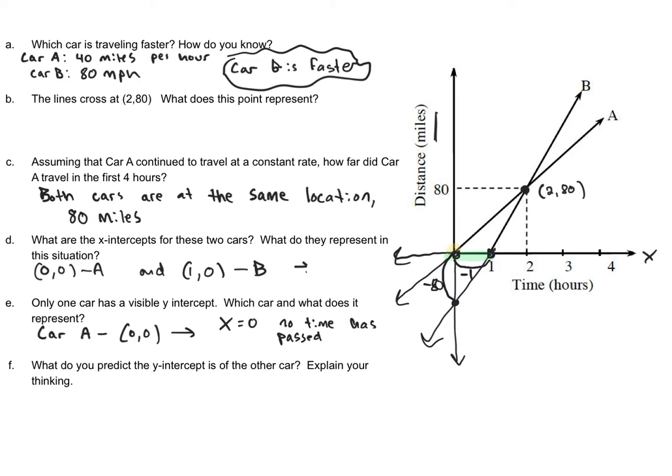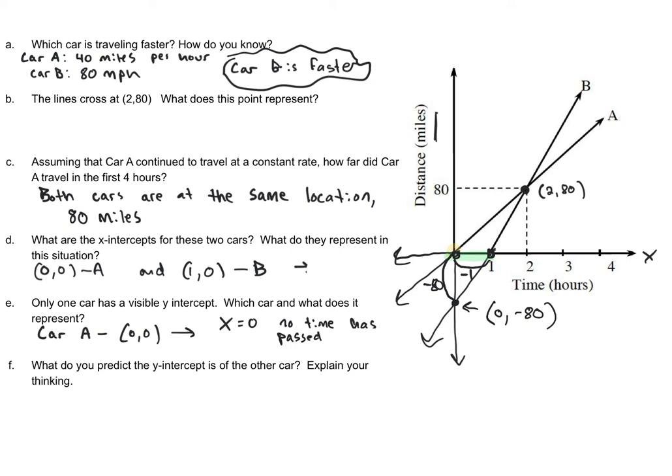So if you go back in time 1 hour, then you go back in distance 80 miles. So this would be the point (0, -80).